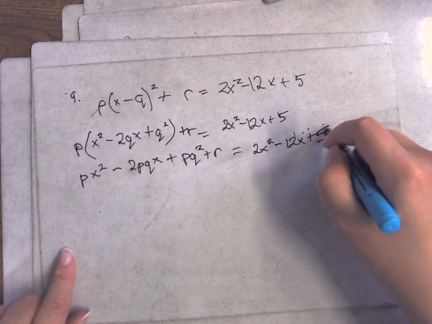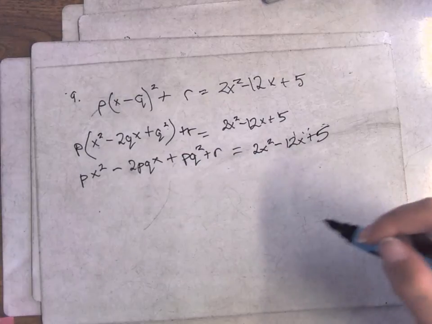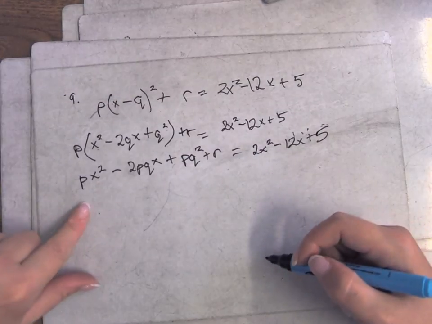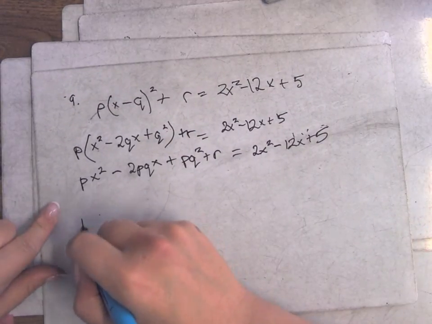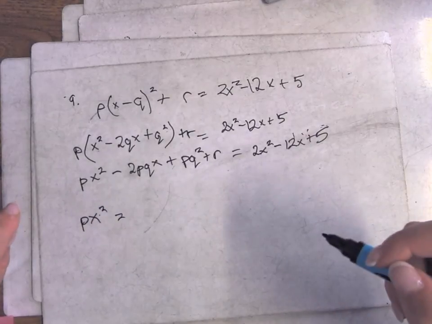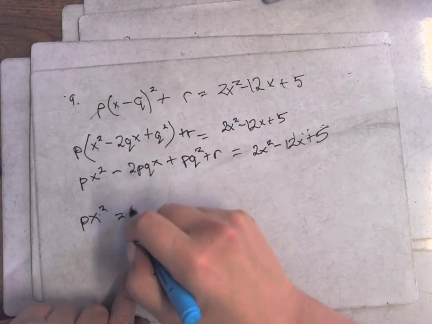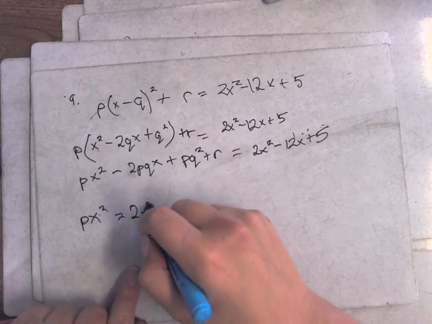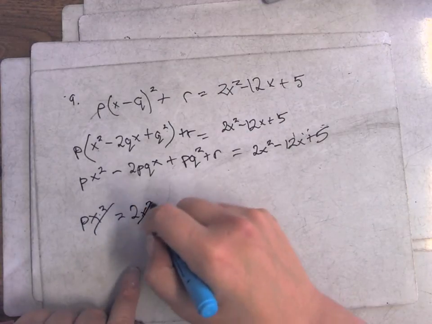Okay, so I'm ready to do the x squared terms on the left equal to the x squared terms on the right. X squared terms on the left, px squared. That's it. Equal to the x squared terms on the right, which is 2x squared. Divide across by x squared and you'll get p is equal to 2.